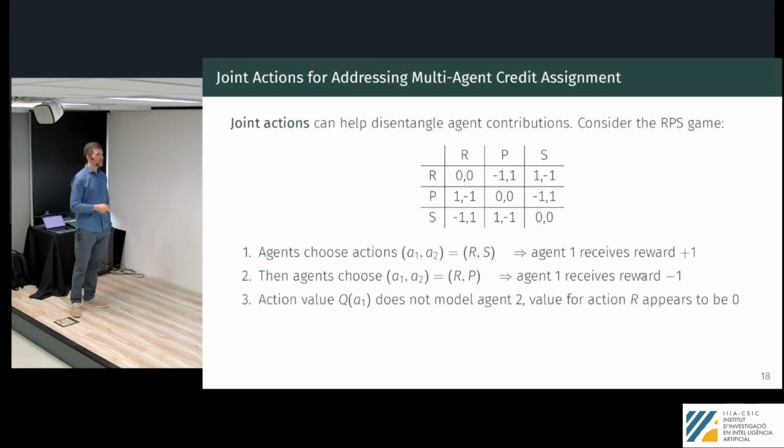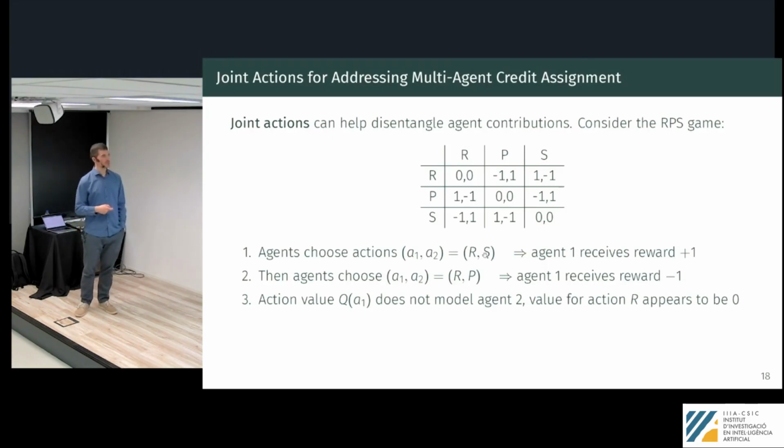Now, if we use a Q value that is only defined for a single agent's action, let's say for agent 1 here, it does not model agent 2, then the average value of this action R appears to be 0 on average from the perspective of that agent, because one time it was +1 and one time it was -1. So the average is 0.